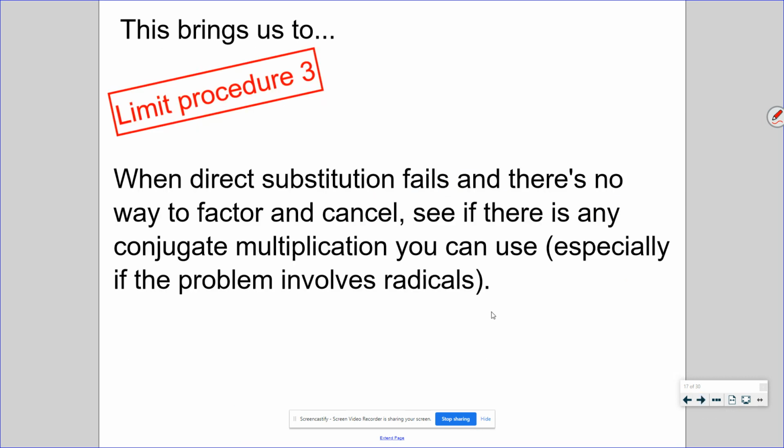Okay. This next part is where our algebra skills are going to really be put to the test. So if we try direct substitution, aka plug and chug, and that doesn't work, and if we try factor and cancel, and that doesn't work, then your third option, limit procedure 3, is you're going to use conjugate multiplication. Okay?